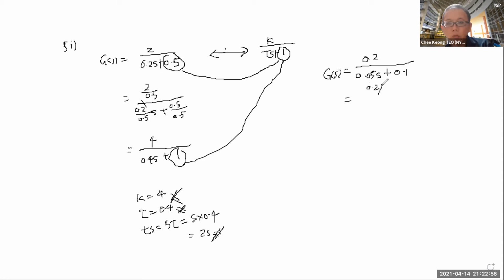We divide the top, 0.2 divided by 0.1, and the bottom, 0.05 s plus 0.1, by 0.1. So 0.2 divided by 0.1 you get 2, over 0.5 s plus 1.